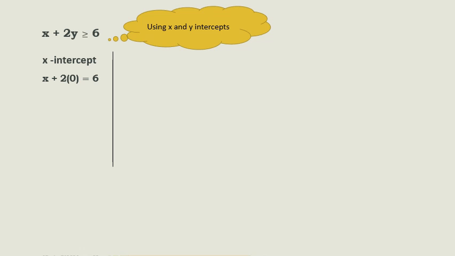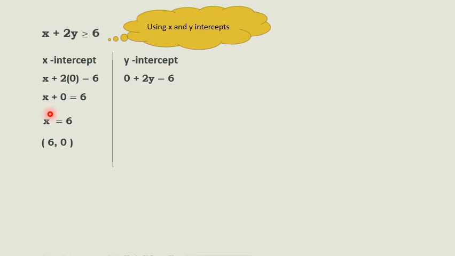So we substitute 0 for y to find the x-intercept. So x plus 2 times 0 equals 6. So we have x plus 0 equals 6, thus x equals 6. So we have the ordered pair 6, 0. That is for the x-intercept. And how about the y-intercept?